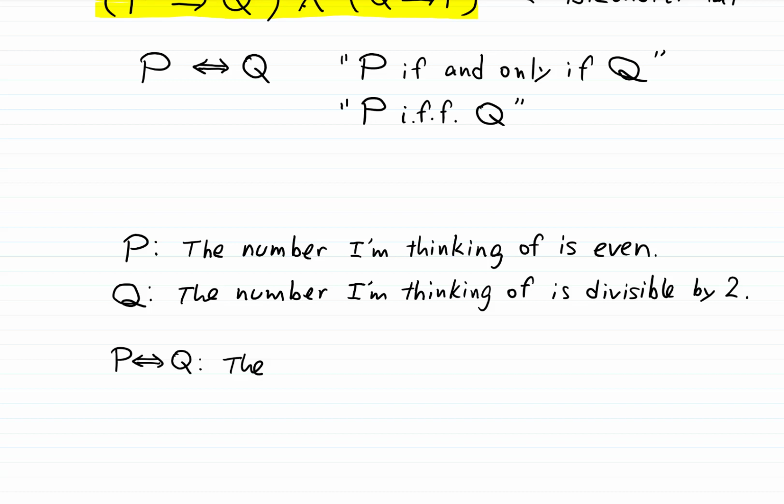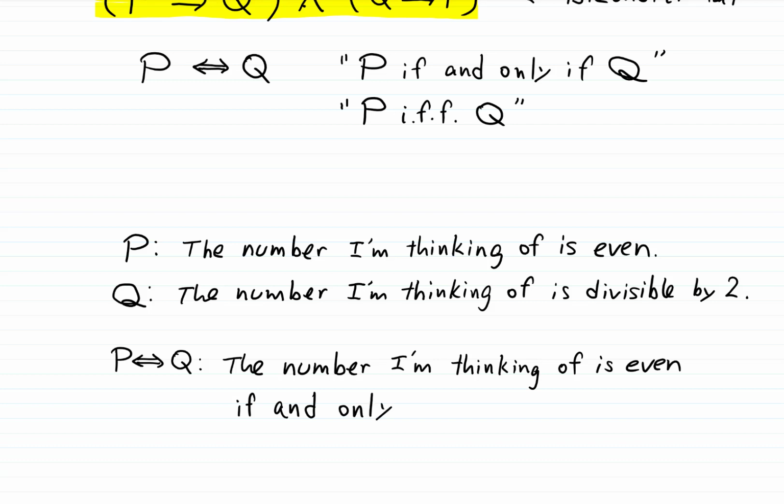The number I'm thinking of is even if and only if the number I'm thinking of is divisible by 2. Well, we don't have to repeat the number I'm thinking of. We can say it is divisible by 2.